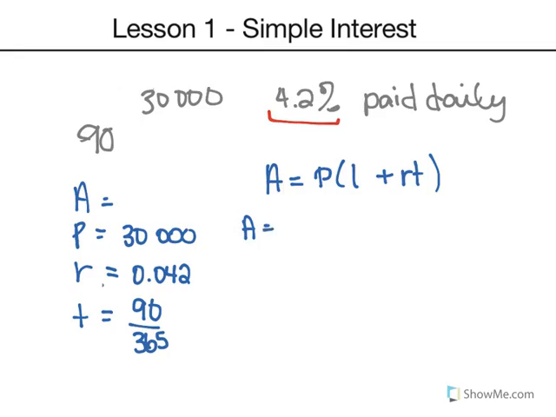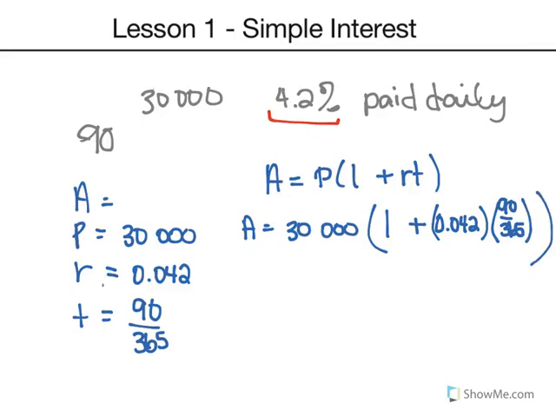So A is equal to 30,000 times 1 plus the rate, which is 0.042, times the term, which is 90 over 365. And when you type this into your calculator, you won't get an even decimal.